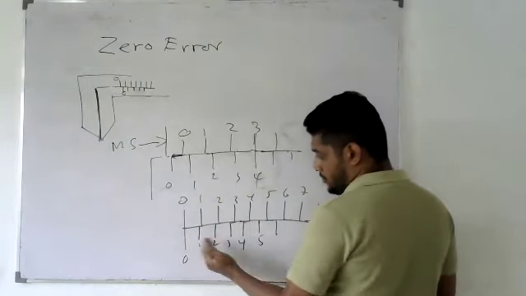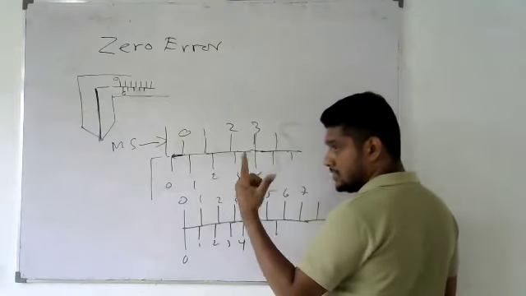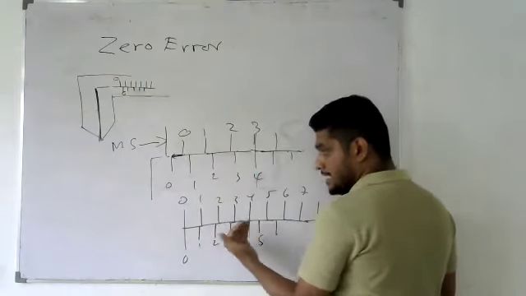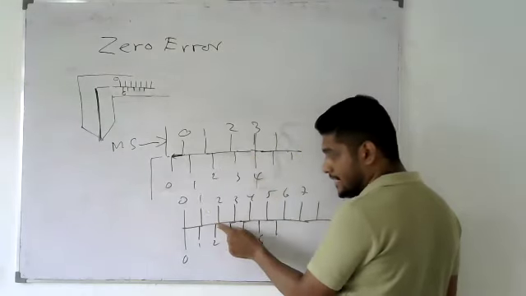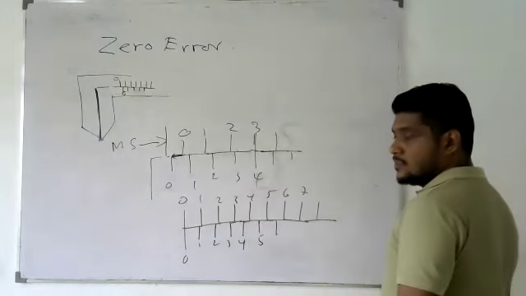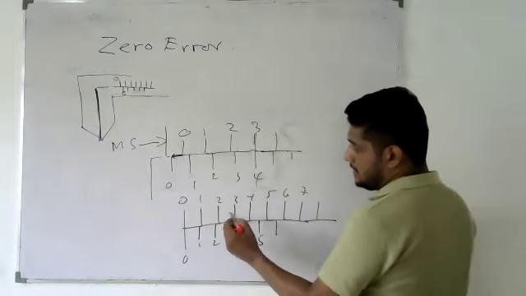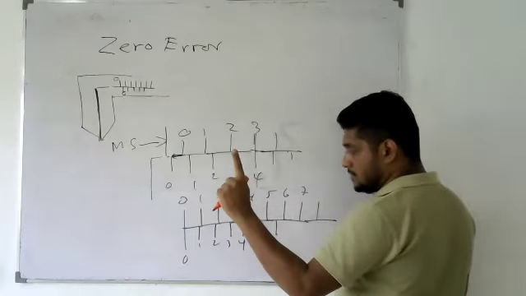So when you push this, when this line coincides with this one, the vernier caliper has pushed 0.1 millimeter. Two such gaps, three such gaps, four such gaps. So this is a difference of 1 millimeter.